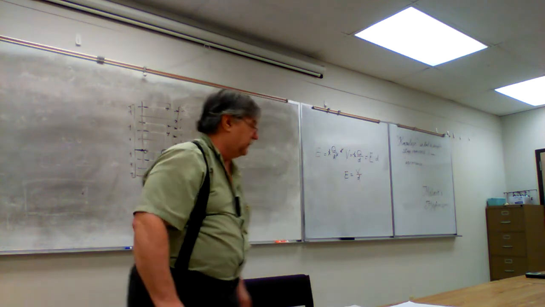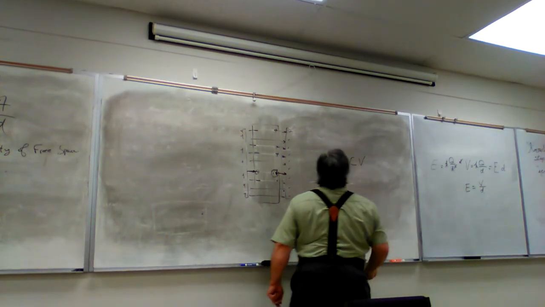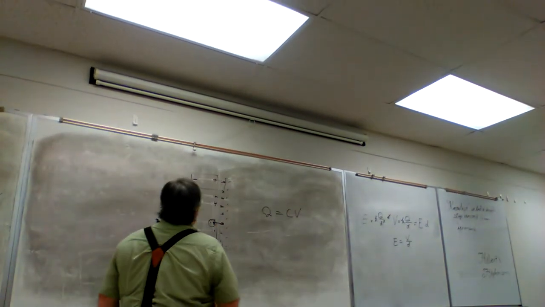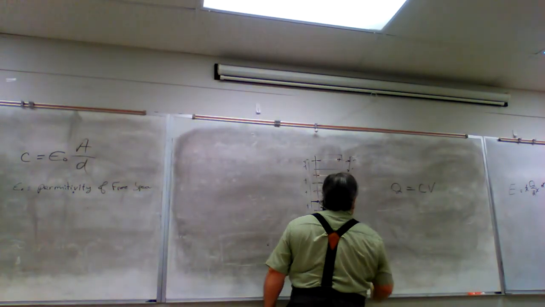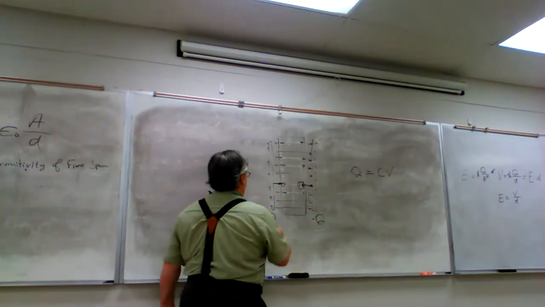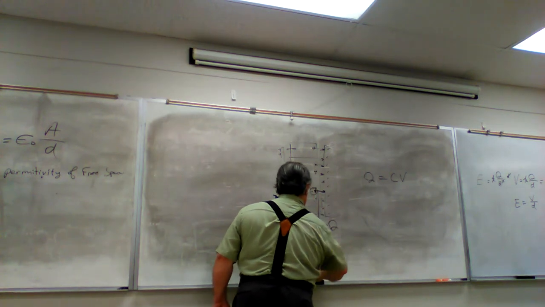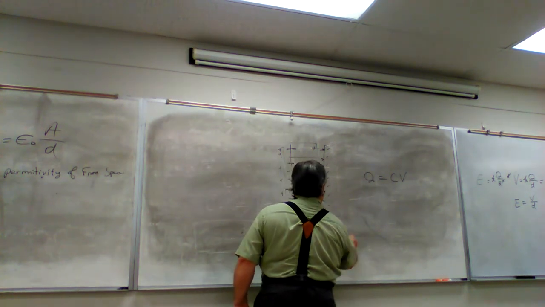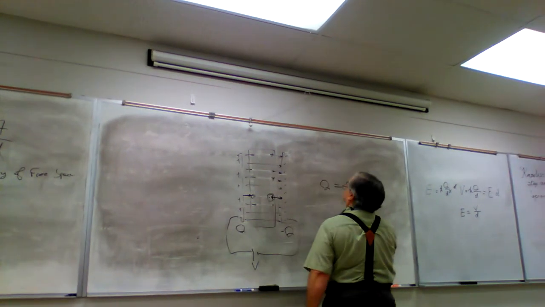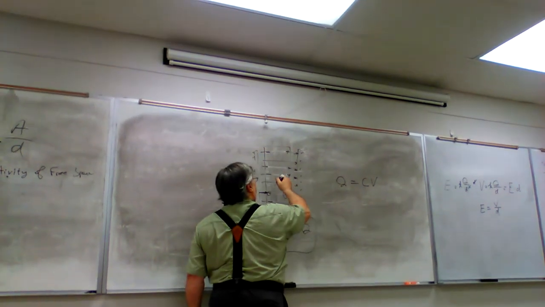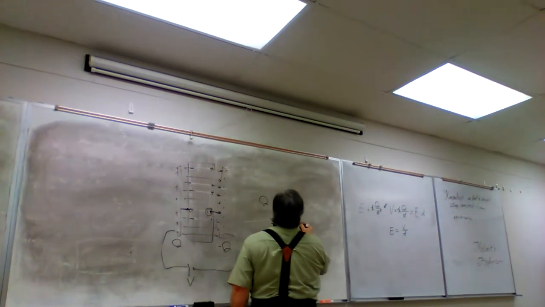Q is C times V. If you have this much Q on your parallel plate capacitor, with your voltage, when the dielectric is inserted, the E field is reduced.